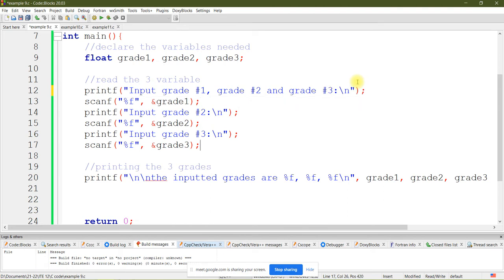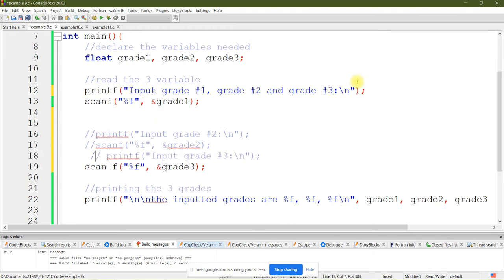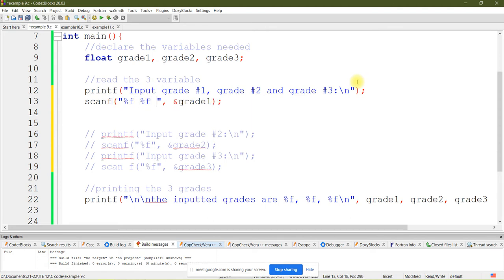Example like that. So we will input the three in just one line, and we won't keep using printf. So basically, I suggest you comment that out. Of course, since we instructed the user to input three values, we will expect three inputs in our scanf. That works as long as there are placeholders for the three.